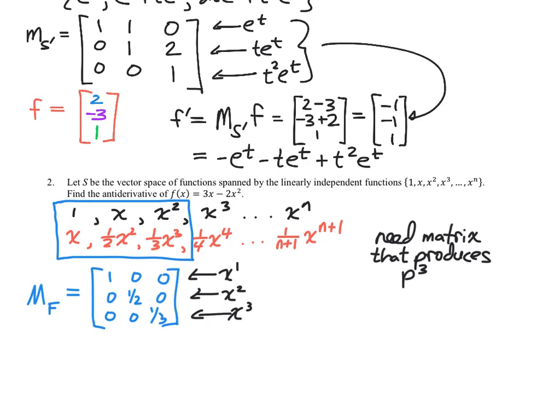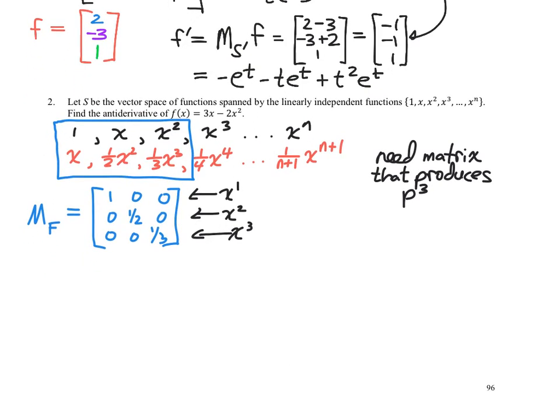All right, so then my function f, we're starting off with a power of 1, so coefficient of 3. A power of 2 has a coefficient of -2. And then if there were a power of 3, it would have a coefficient of 0.